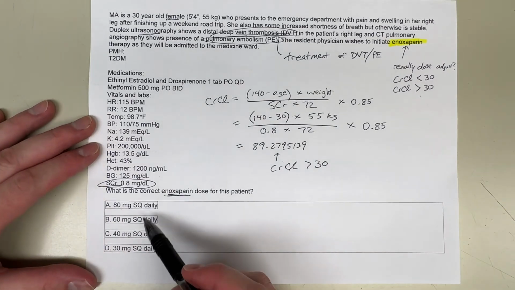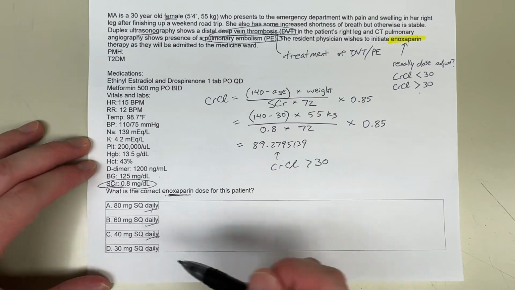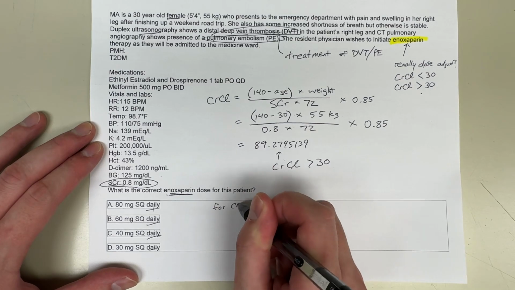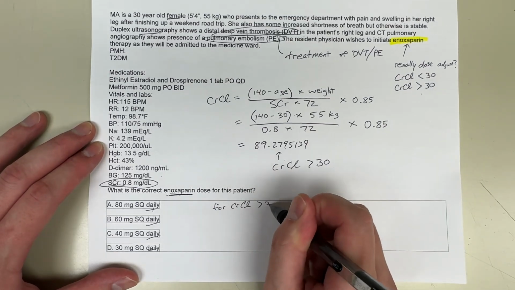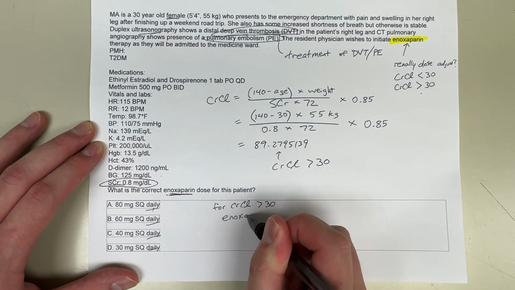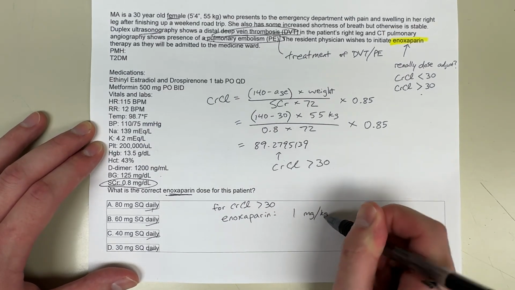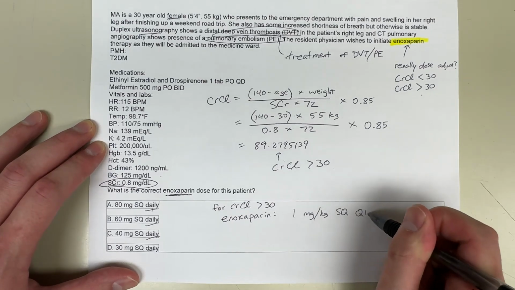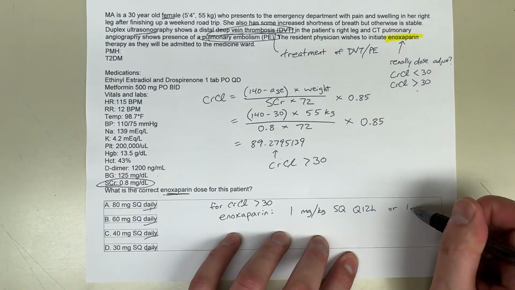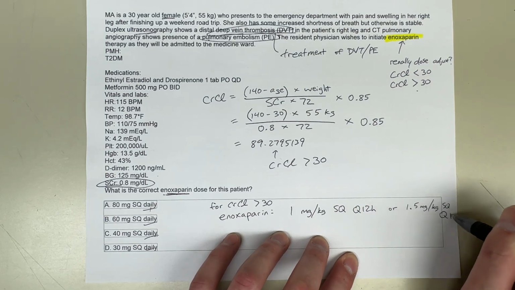So now you look at all the answer choices here. The frequency is daily in all the answer choices. So the enoxaparin dose for creatinine clearance greater than 30, which we just calculated was 89, is either 1 milligram per kilogram sub-Q every 12 hours, or it is 1.5 milligrams per kilogram sub-Q daily.